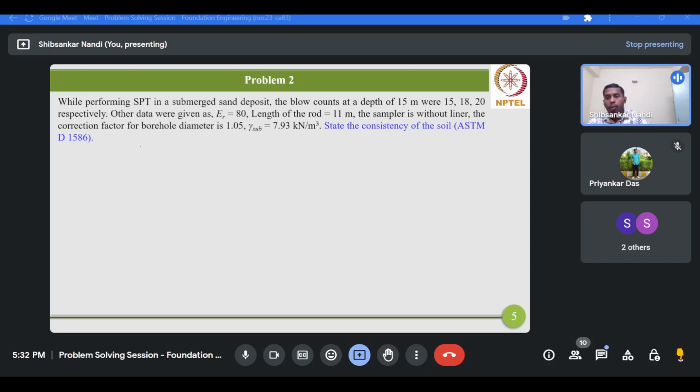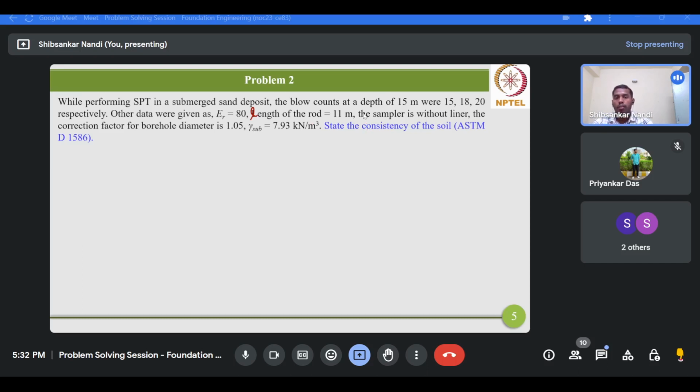While performing SPT in a submerged sand deposit, the blow counts at a depth of 15 meter were 15, 18, 20 respectively. Other data given: energy ratio 80, length of the rod 11 meter, the sampler is without liner, the correction factor for borehole diameter is 1.05, and the submerged density is 7.93 kilonewton per meter cube. State the consistency of the soil.